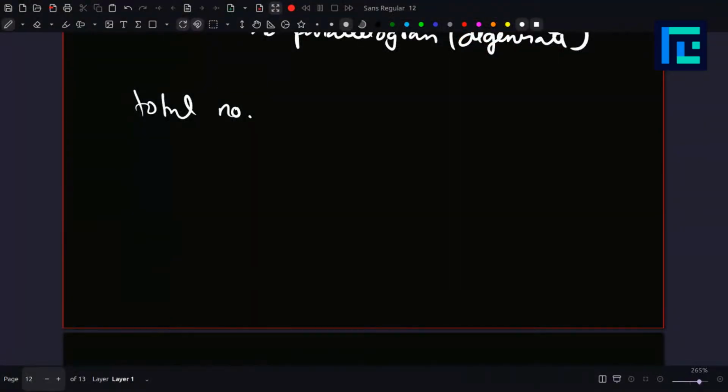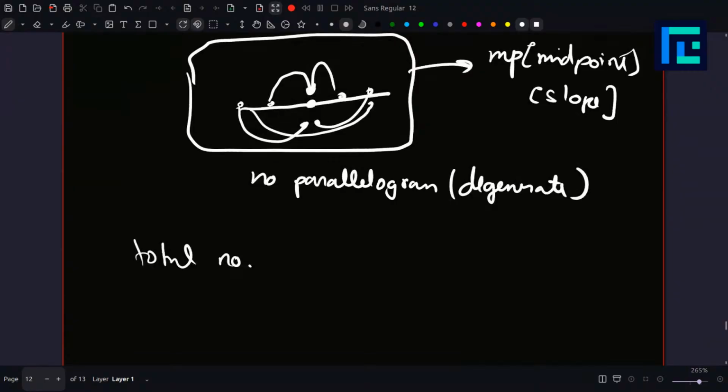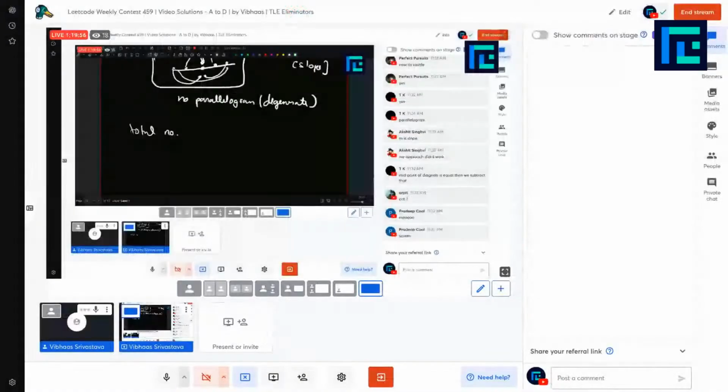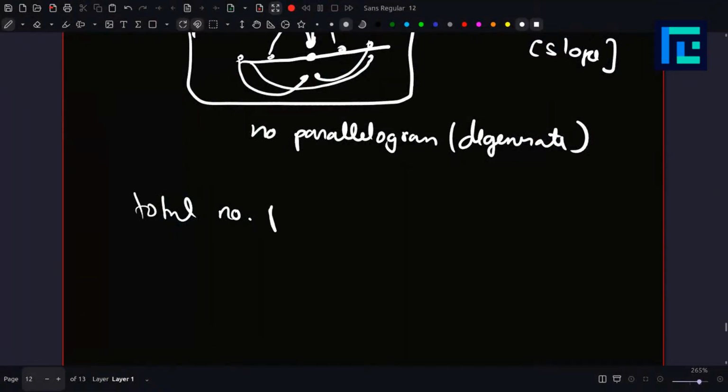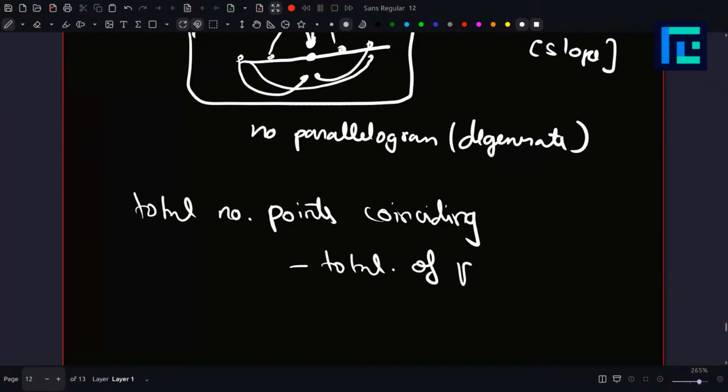Okay, so the total number of points coinciding minus the total number of points coinciding with the given slope. Points with given slope. And this will be added to the number of parallelograms.